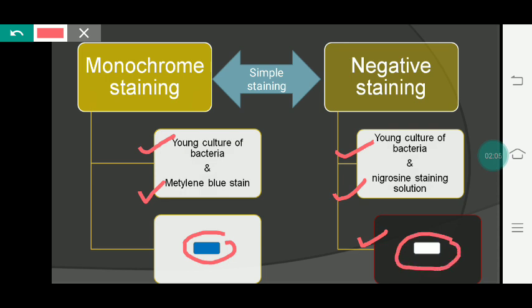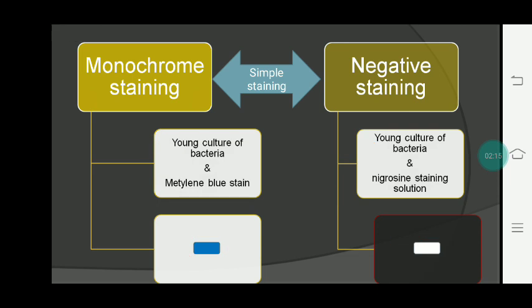So in negative staining, we only stain the background and the bacteria remain unstained. So you got the difference: in monochrome staining, we stain the bacteria, and in negative staining, we stain the background. So the requirements and process of simple staining are clear.